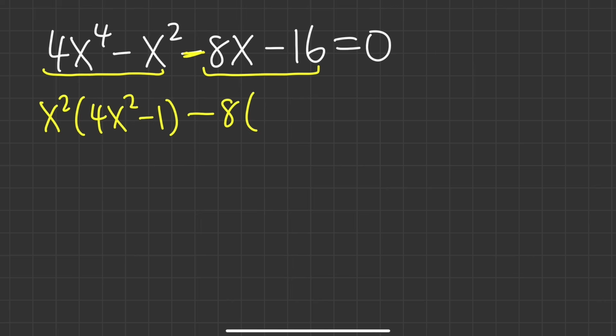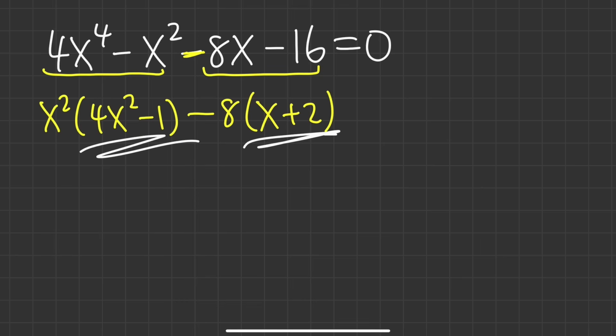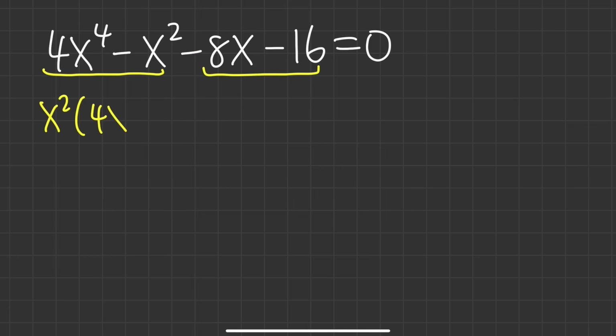And then that will give us x, and then negative 16 divided by negative 8 is positive 2. But now if you look at this and that, they are not the same. They don't have any common factors, so it doesn't look like we can continue. So we will have to try a different way to do it.